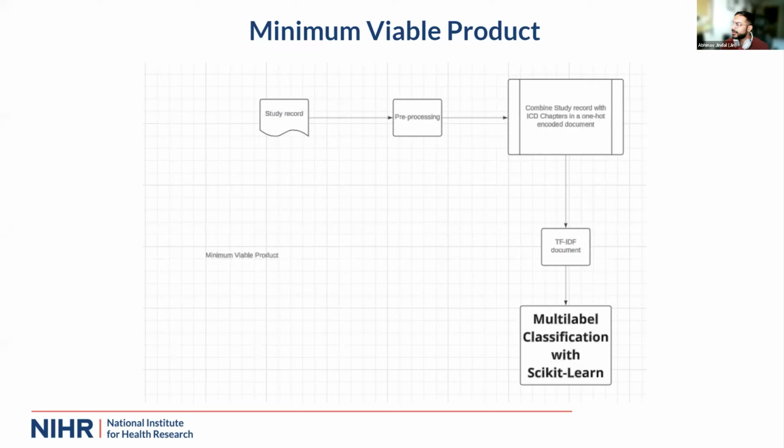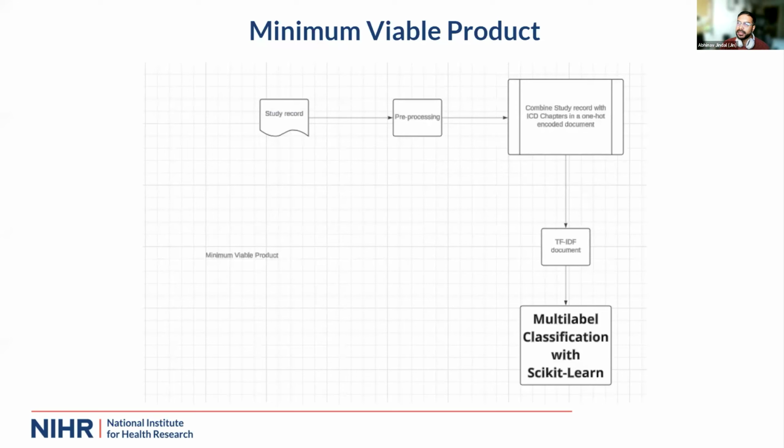So we pick up one study record. We apply pre-processing. I will go through individual steps. We combine the study record with the ICD chapters in a one-hot encoded document. Then we try to convert the textual data.